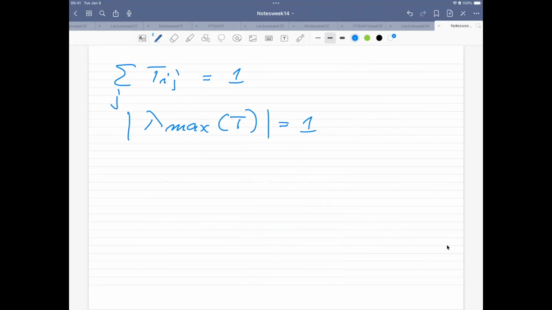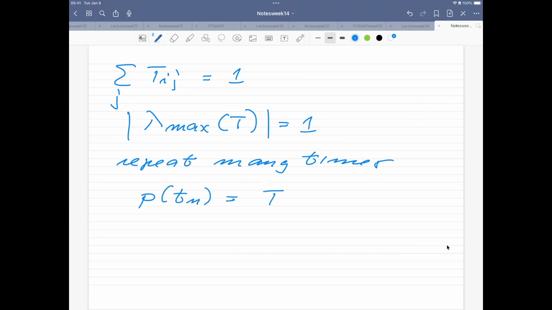Now, what we know then is that if I repeat this many times, then what we typically have is that the P at the step Tn is equal to us having applied this matrix n times on an initial vector.